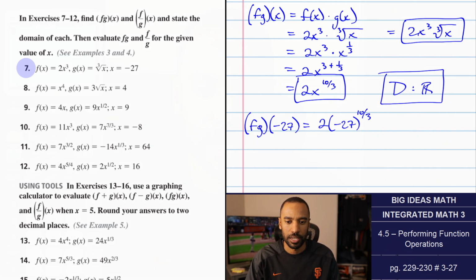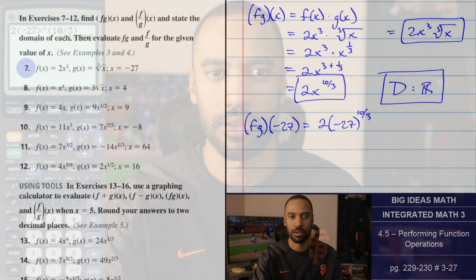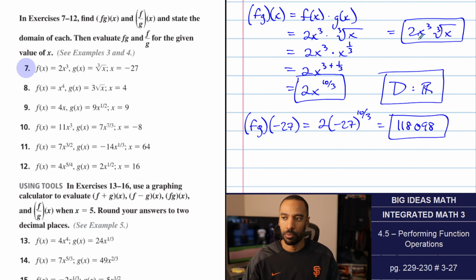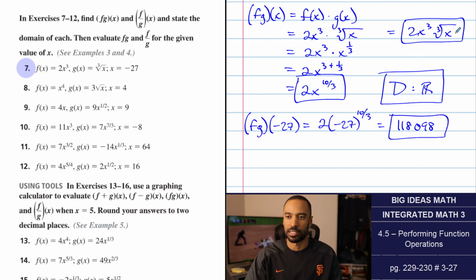So if I go over here, 2 times negative 27, if I use parentheses the way that this thing had it, and additional parentheses here, then it should do order of operations just fine, and this should be an integer. Positive 118,098. Should it be positive? Yeah, we got a negative times a negative, right? That's how that will end up because they're cubics and cube roots.